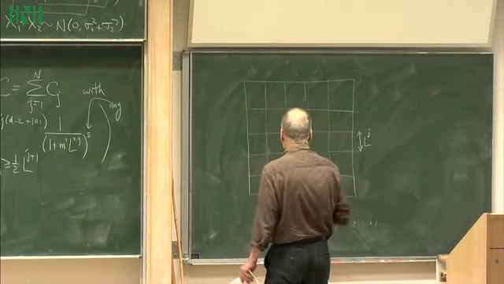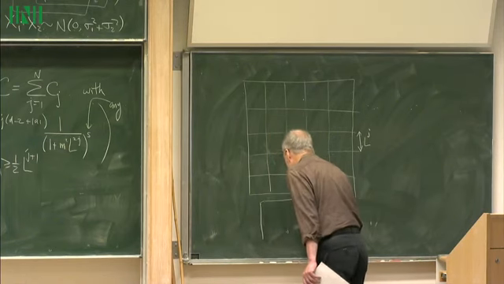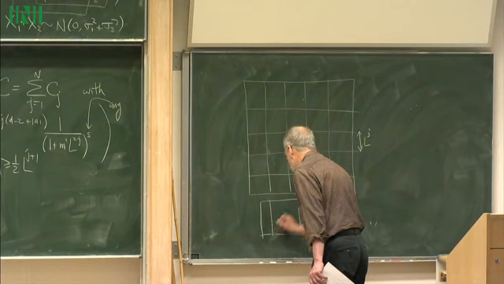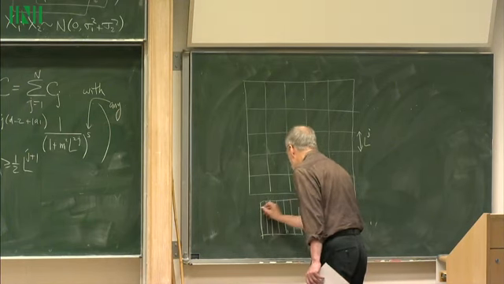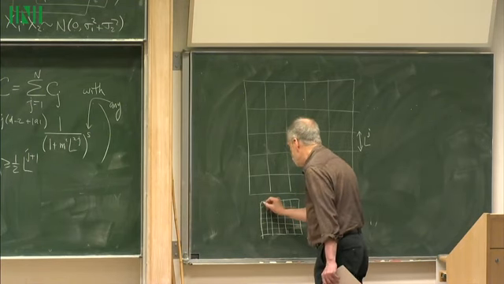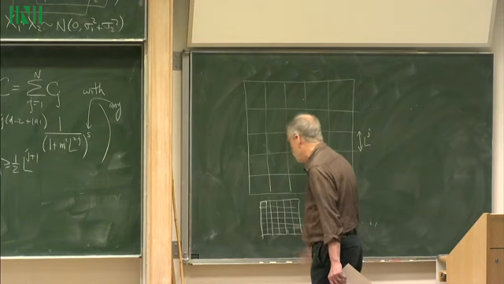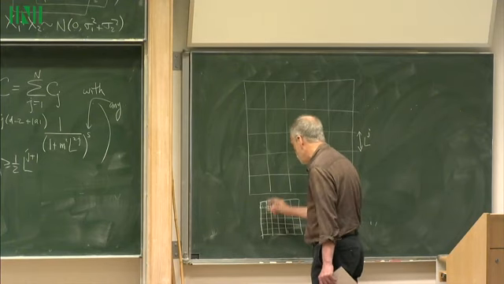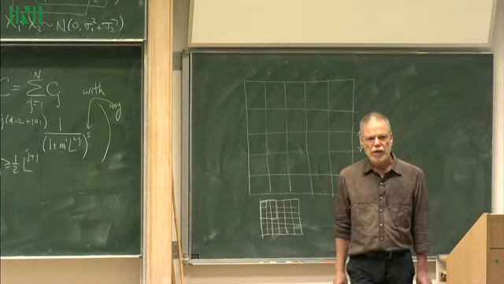Another picture, a piece of this would look like this. The 0 blocks are just these points, and then there's a 1 block, which is like that, and then a 2 block is like that, and so on.